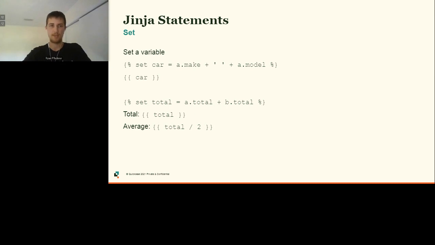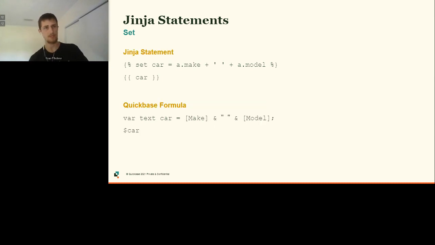And so now we get to compare Jinja versus formulas. Everybody here is familiar with formulas, I would assume, being a Quickbase builder. Formulas are super powerful; they are able to do a lot of things.